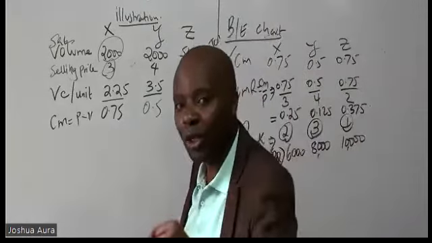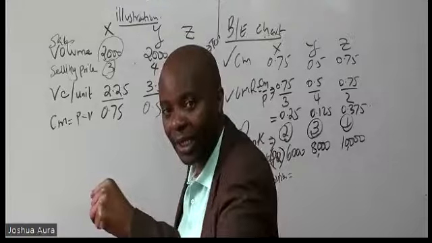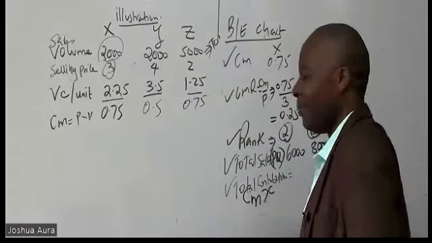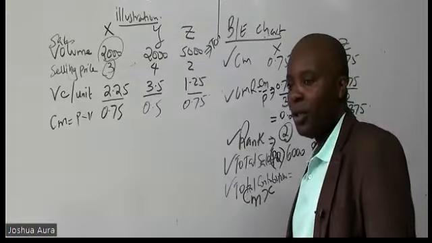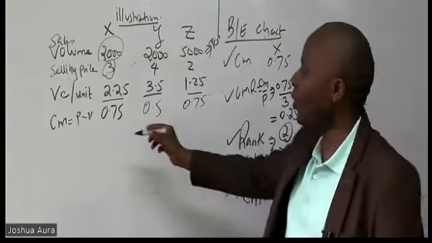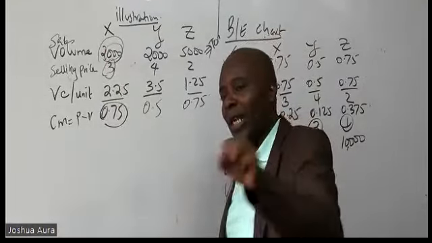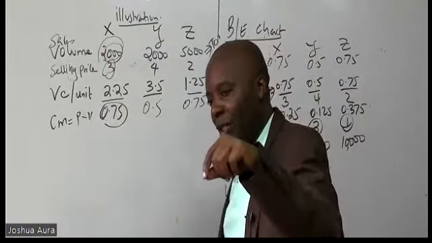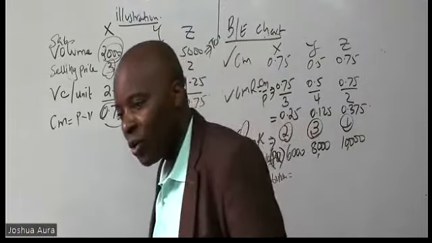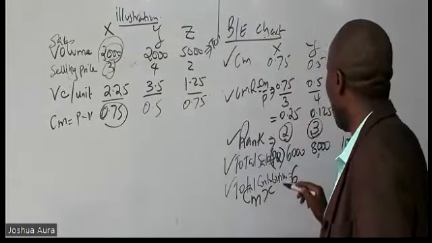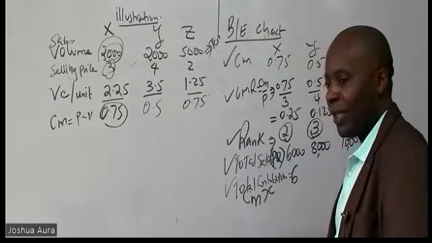How about total contribution? How do we get total contribution? Total contribution is CM times quantity. Fortunately, we have the CM and we have the quantities there, so you take the CM and multiply it by the quantities. I'm being given here by Susan 6,000, 8,000, 10,000. Oh, no, I'm picking the wrong figures.